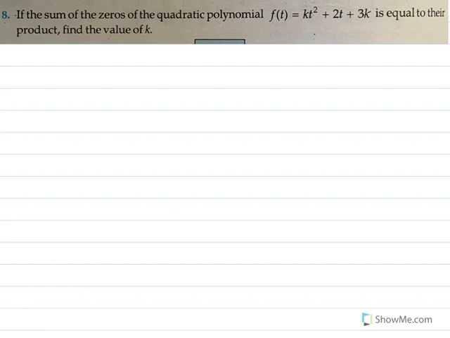If the sum of the zeros of the quadratic is equal to the product, find the value of k. So the quadratic is f of t, which is kt square plus 2t plus 3k.